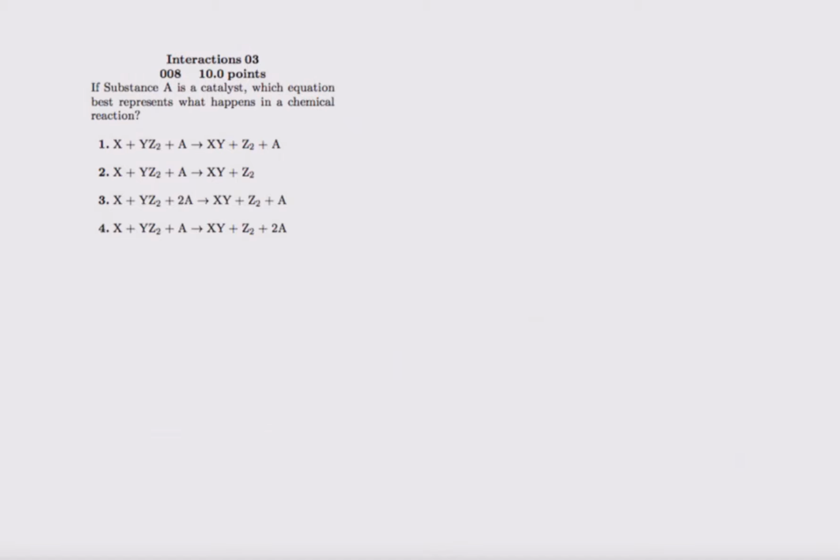So the catalyst is something that has to be the same on both sides while the other things are changing. And the only choice in which the catalyst is not changed from left to right is, well, this one has no A on the right. This one has 2 on the left and 1 on the right. This one has 1 on the right and 2 on the left. So the only equation in which A is unchanged is the first one there.